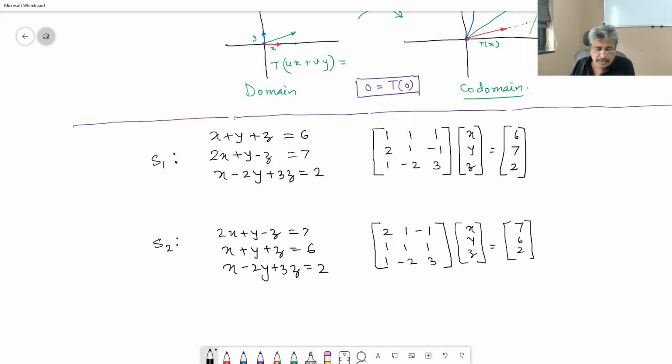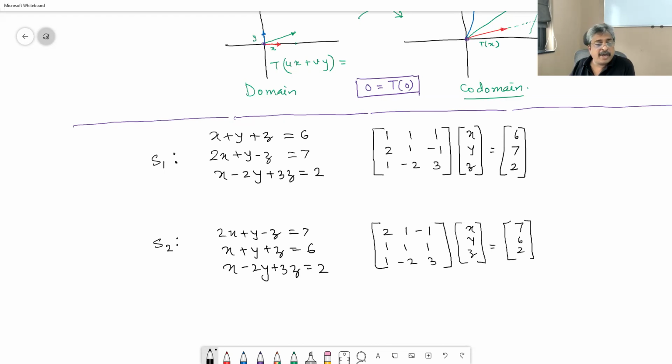For all practical purposes, these two systems are exactly the same. We will not say S1 is equal to S2; we will say S1 is equivalent to S2. What do we mean by that? Whatever is the solution set of S1, the values of x, y, z, the triple which satisfies S1, will also satisfy S2.